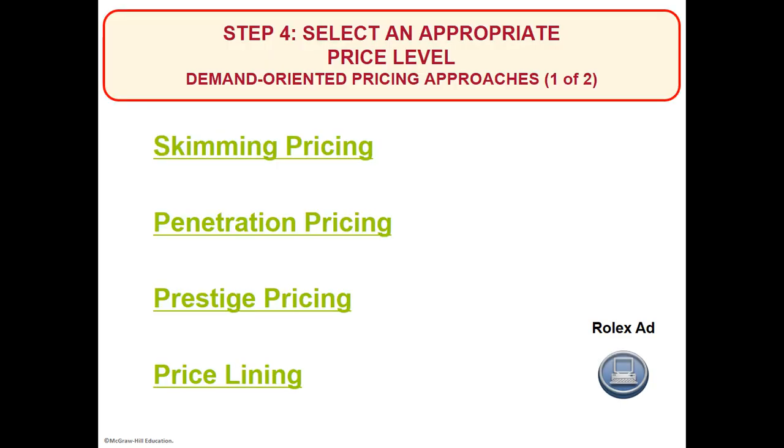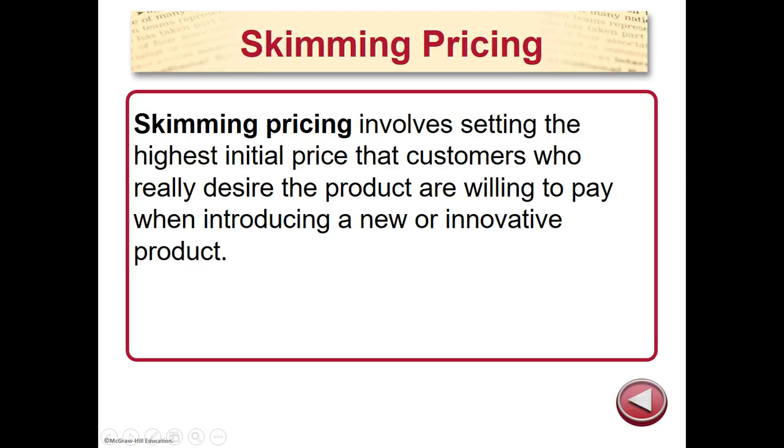First is demand-oriented pricing approaches. There's a term called skimming pricing. What is skimming pricing? Skimming involves setting the highest initial price that customers who really desire the product are willing to pay when you're introducing a new or innovative product. You see that in the fashion business, in clothing, the latest dresses.